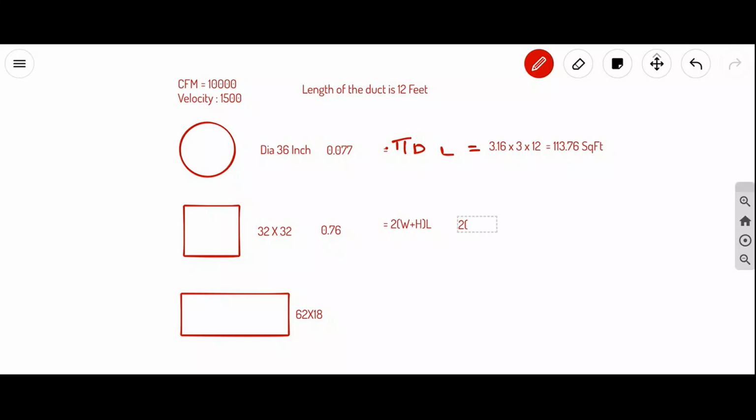First convert the 32 into feet. 32 by 12 is 2.6, so 2.6 plus 2.6 is 5.2. Okay, then 10.4 into 12 is 124.8.